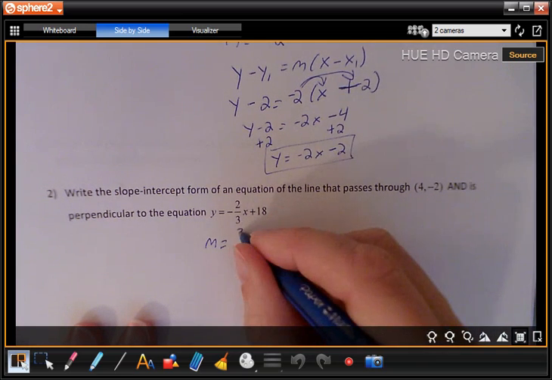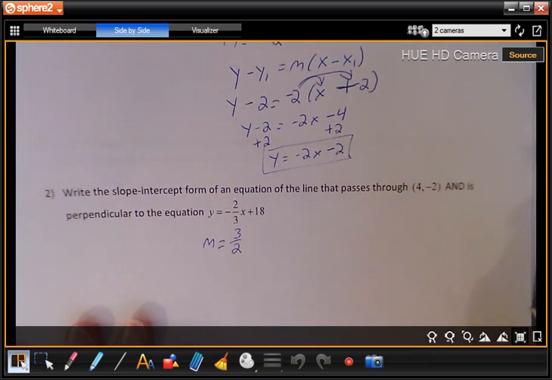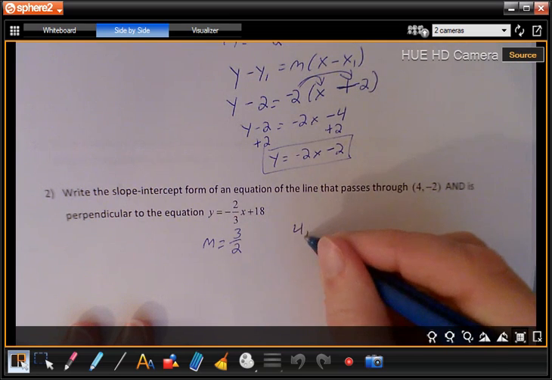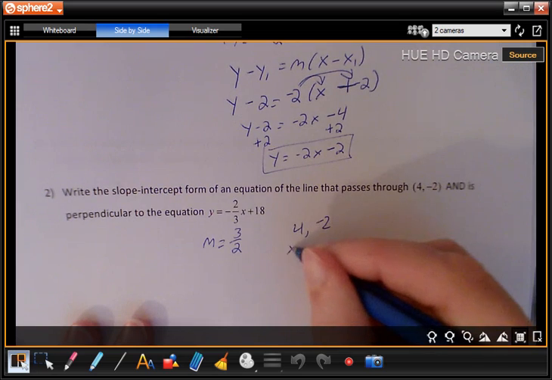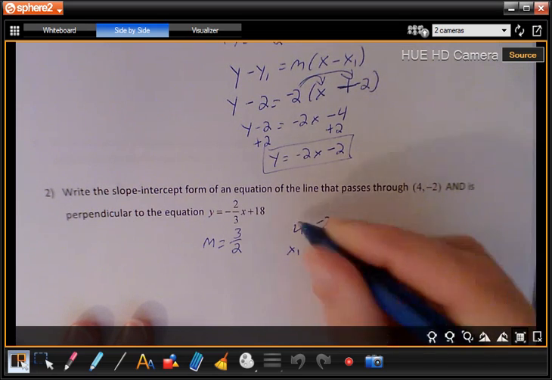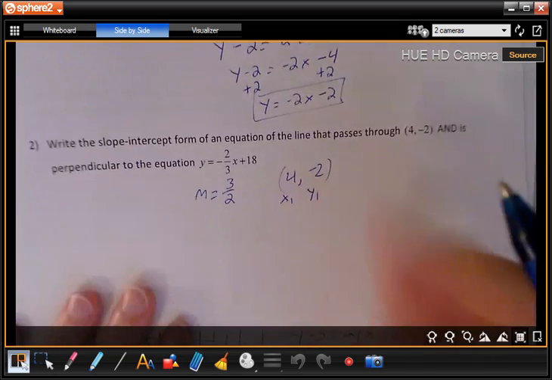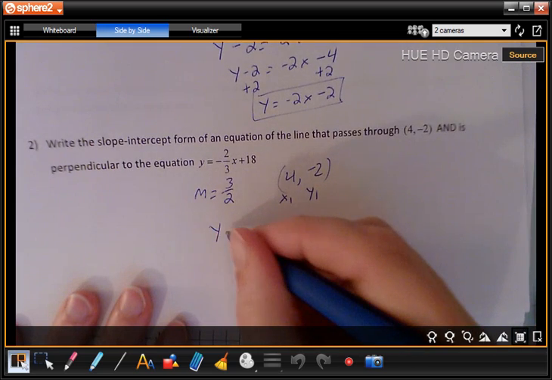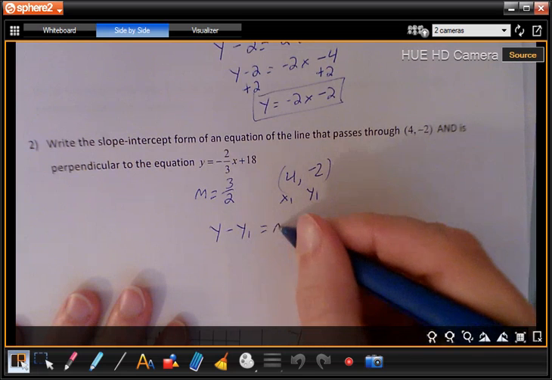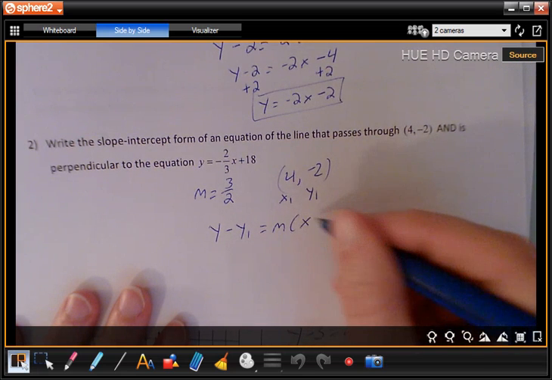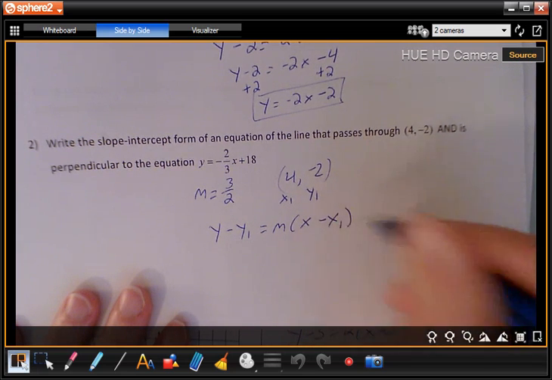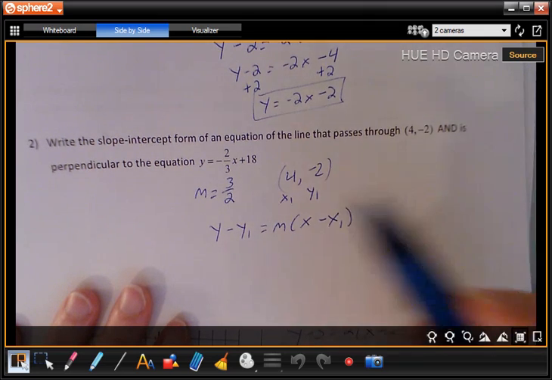The reciprocal is 3/2. So that's my slope. (4, -2) is my x1, y1. And I'm going to put it in point slope form. y minus y1 equals m times x minus x1. And I simply am going to fill those in.